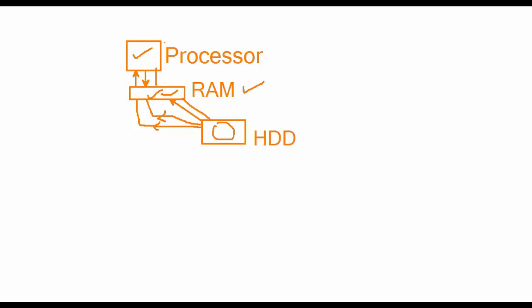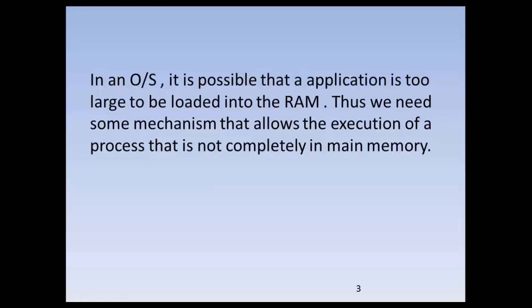But our hard disk is a mechanical device, so it cannot feed data to the RAM at such a high speed, and the RAM does not have sufficient data to feed into the processor. So naturally our entire system becomes slow.